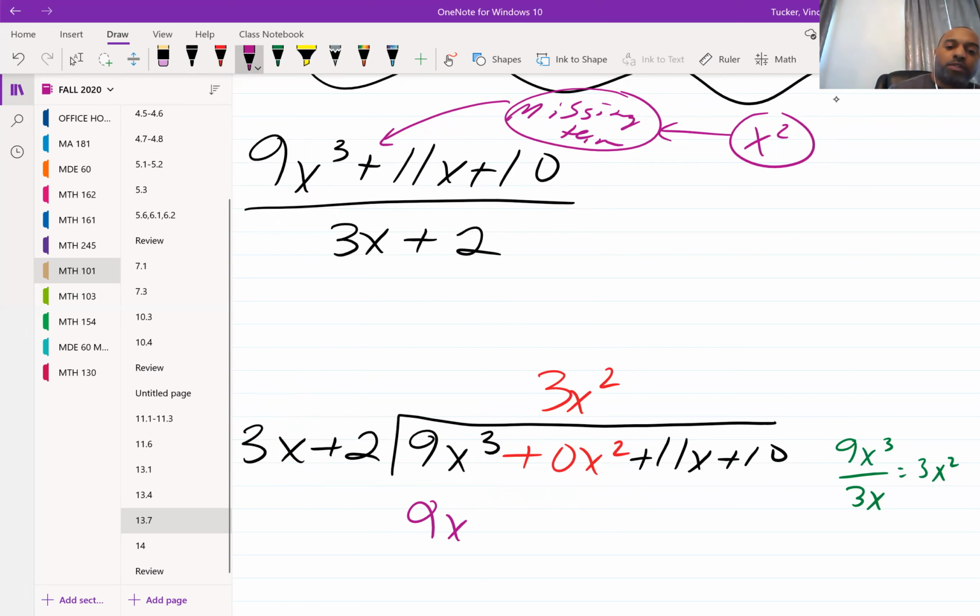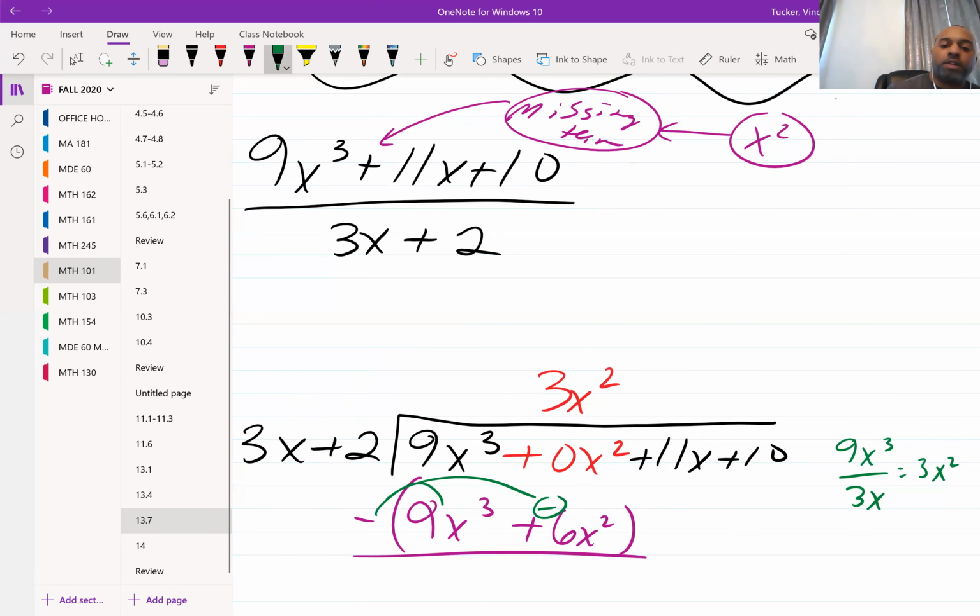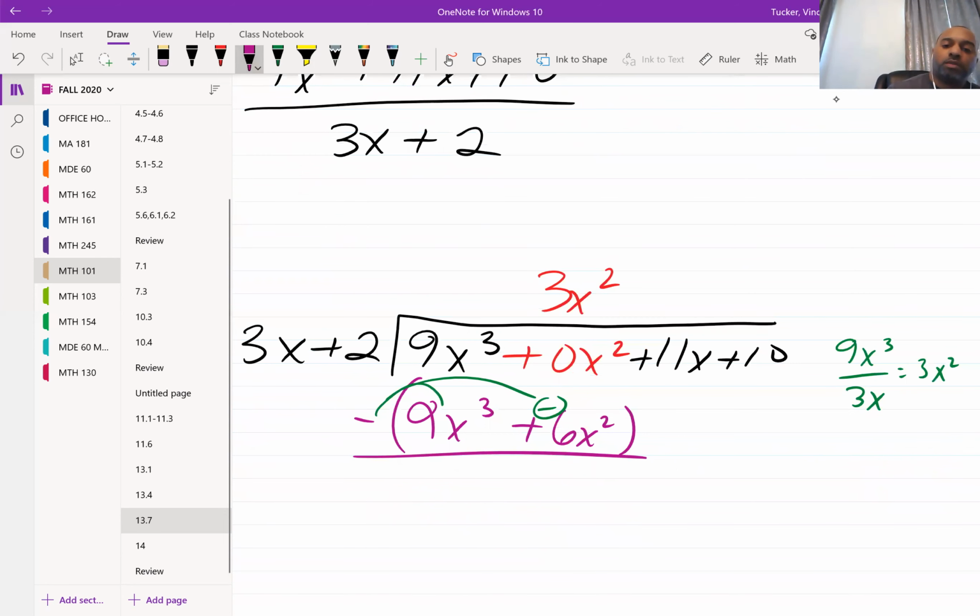So it'll be 9x cubed plus 6x squared. Distribute the negative, so that'd be a negative 6 now. 0 minus 6 is just still negative 6. Bring down plus 11x.